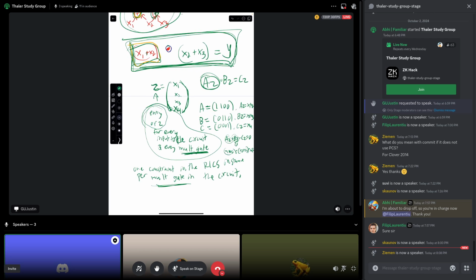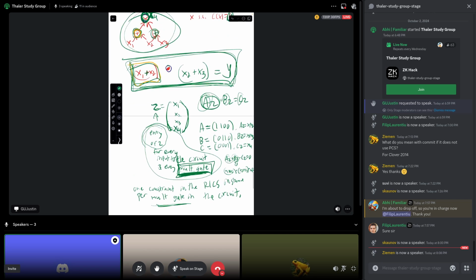This is getting into the weeds, but the number of constraints in the R1CS instance, the same as the number of rows in the matrices, grows only with the number of multiplication gates in the circuit you started with. The number of non-zero entries in the constraint matrices does grow with the number of addition gates, and that's where the different cost profiles come in.